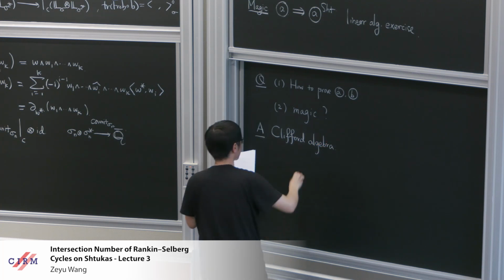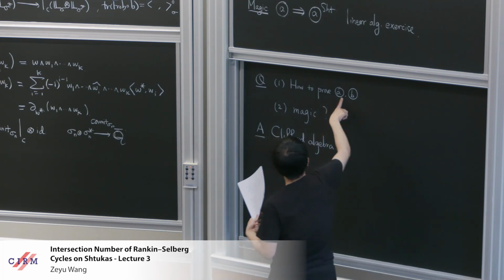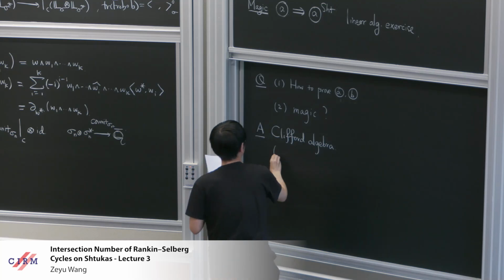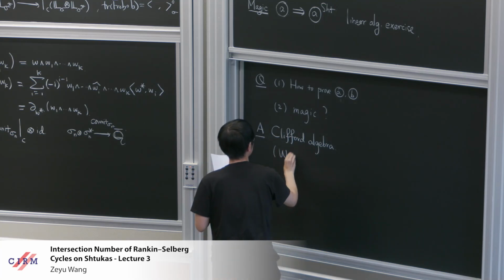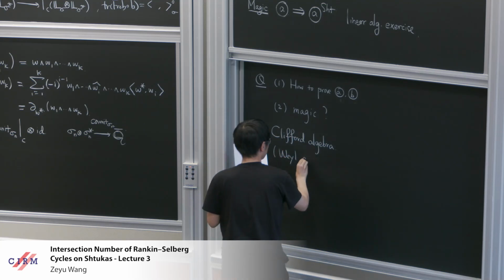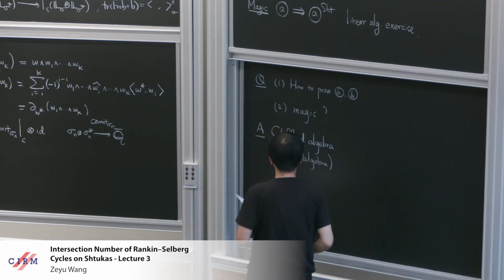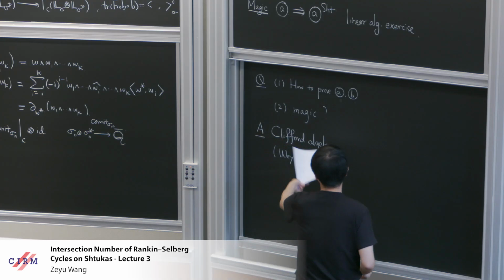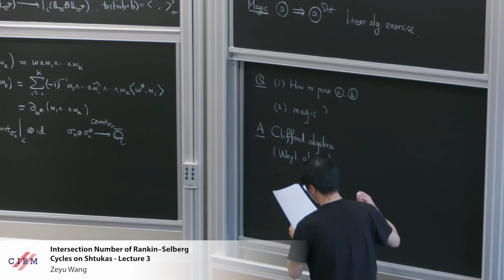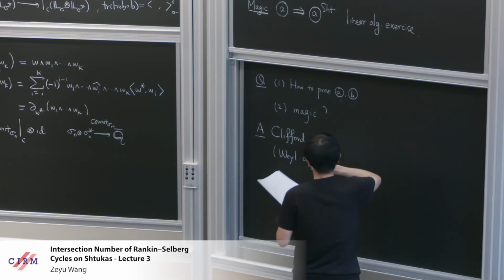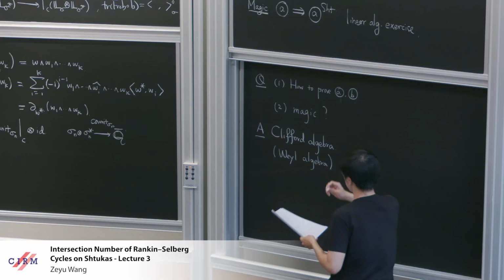For A it is the Clifford algebra, but for B, I'm not going to explain in detail, but it's the symmetric version of Clifford algebra, I mean the Weyl algebra. So that should be the answer.